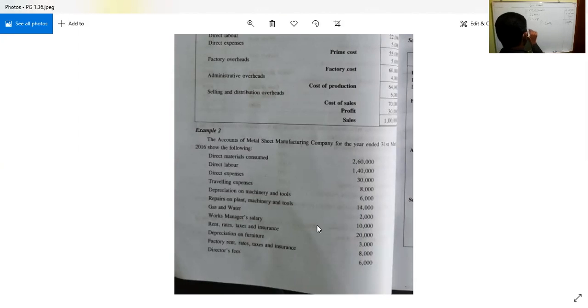Add factory overheads. What all are the factory things in this? In this type of question, it will ask what all are the factory things you need to consider, means what those factory expenses you need to add up. So traveling expenses, it is not a factory one.